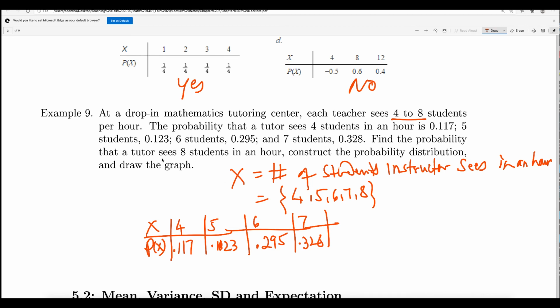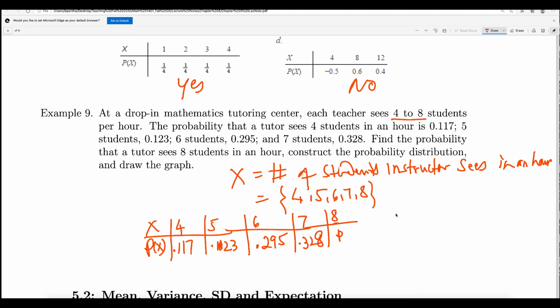Find the probability that a tutor sees 8 students in an hour. Construct the probability distribution and draw the graph. So what is the probability that he sees 8 students in an hour? We are assuming that this is a probability distribution. Let us say this is lowercase p. Since this is a probability distribution, the sum of all these must be 1.